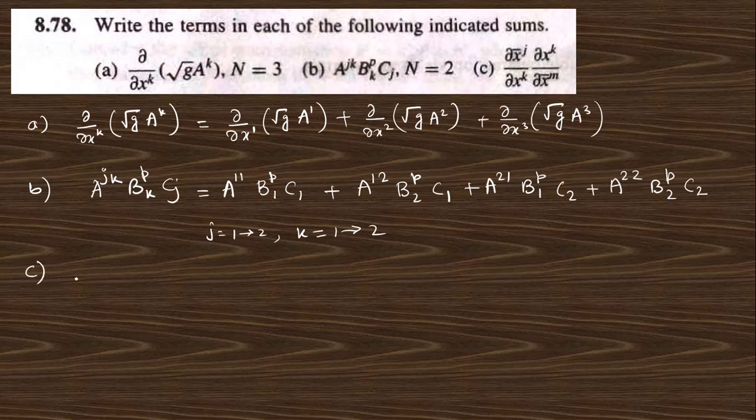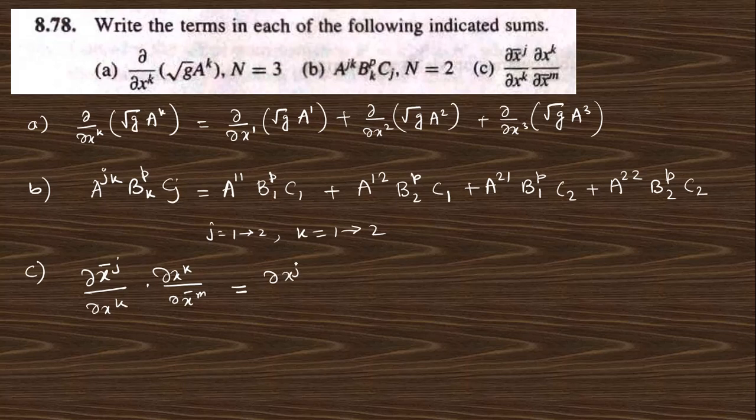Third says: del x̄^j over del x^k times del x^k over del x̄^m. So here j and m change, and k is repeated, so it will be the dummy index.